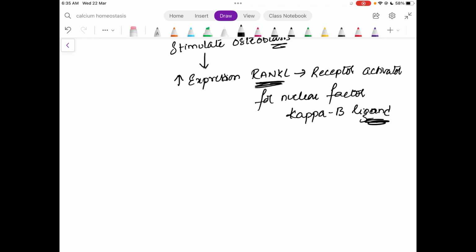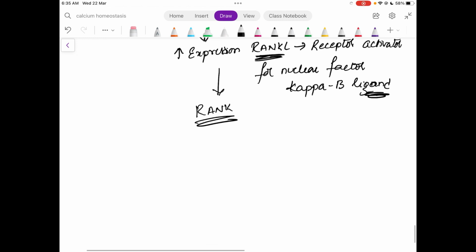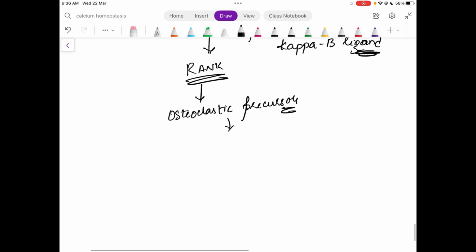And this RANKL will bind with RANK, and this binding of RANKL with RANK will stimulate osteoclastic precursors.